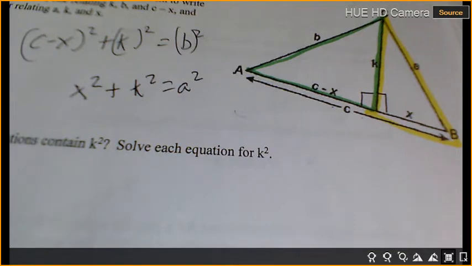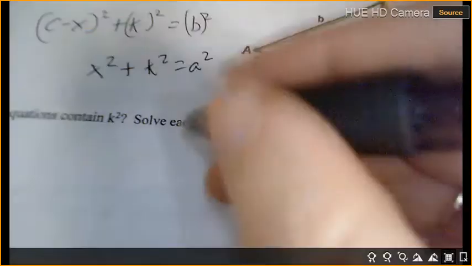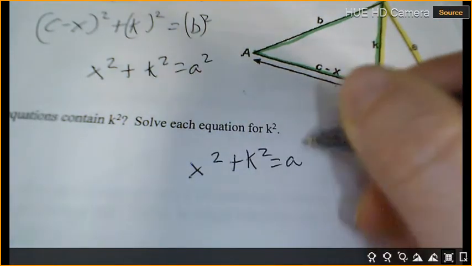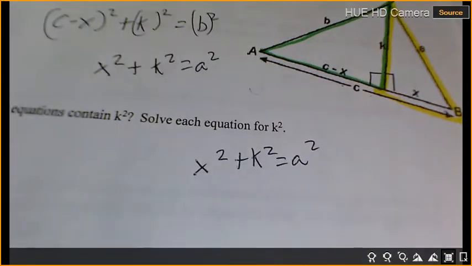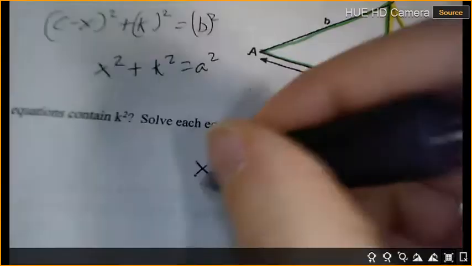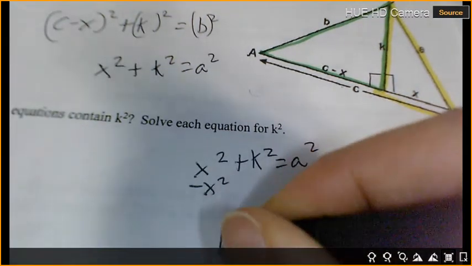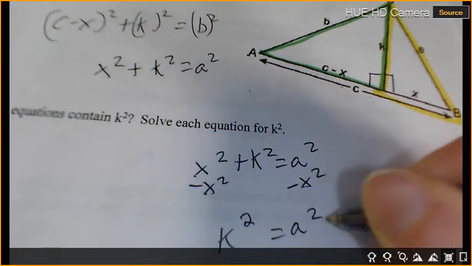Now we're going to solve for K squared. I'm going to take the easier one first. So I have x squared plus K squared equals a squared. I want K squared all by itself. What do I need to do? Minus the x squared, right? So I'm going to end up with K squared equals a squared minus x squared.